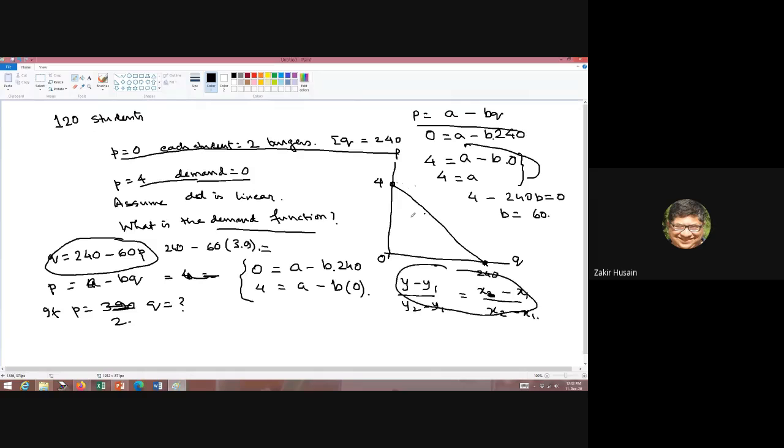Just use any of these formulas, take two equations and solve for a and b. After that, if I give you a value of p, you can simply substitute p and find out what the quantity is.